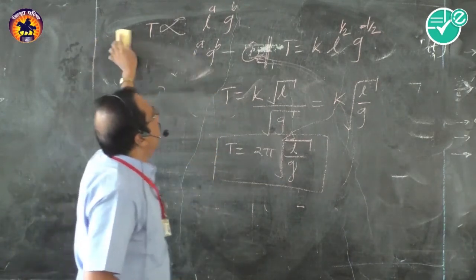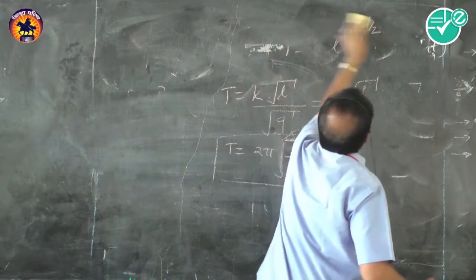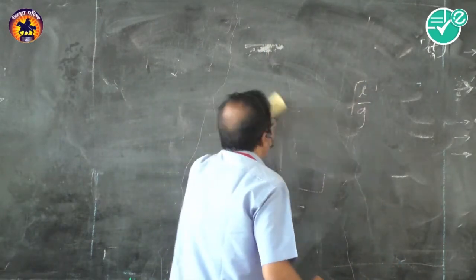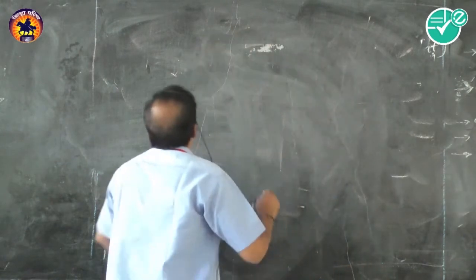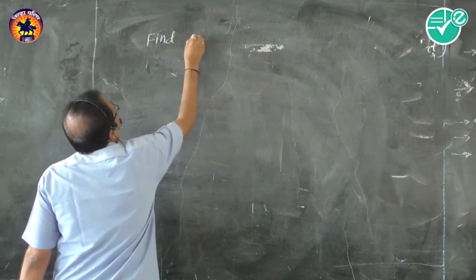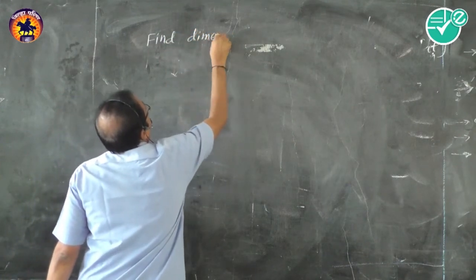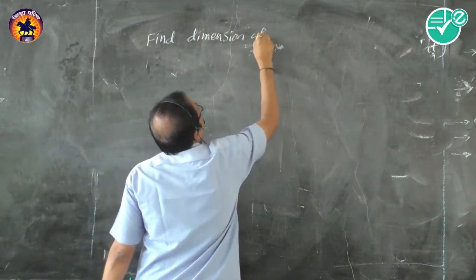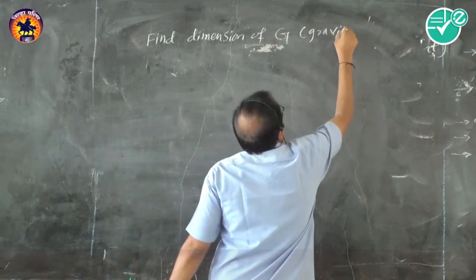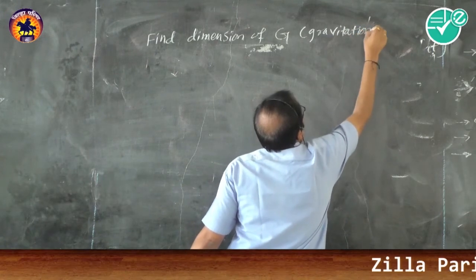Okay, let us find the dimensions of some quantities again. Let us take up some problem here. Find the dimensions of G, that is the gravitational constant.